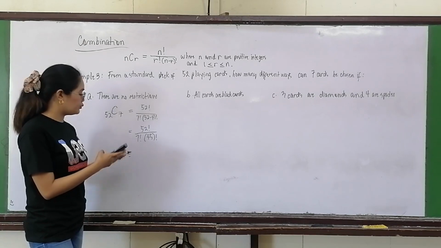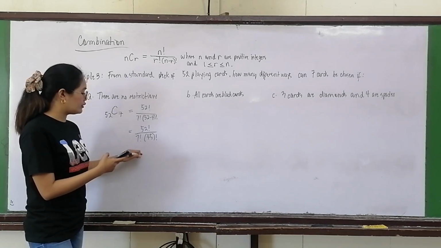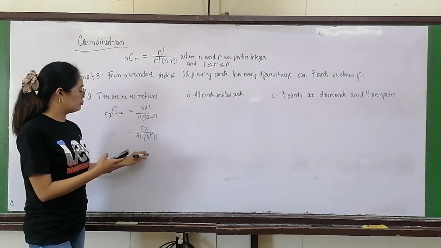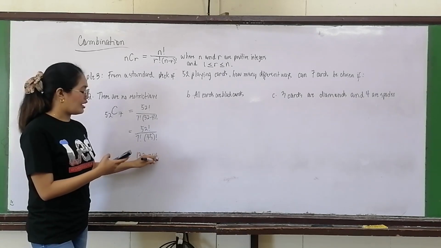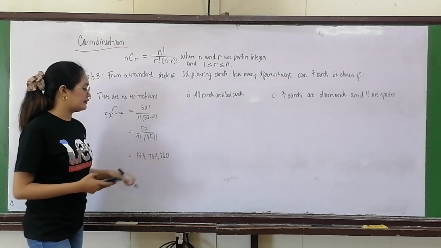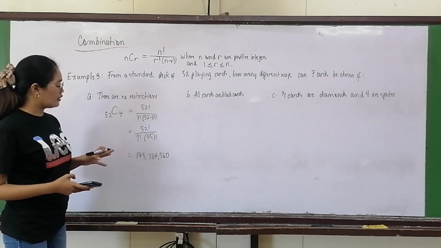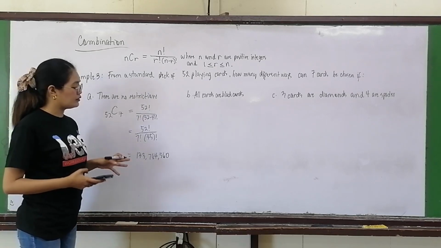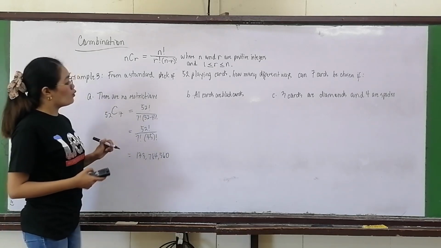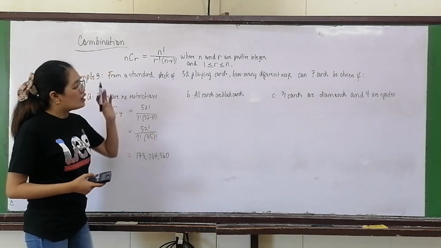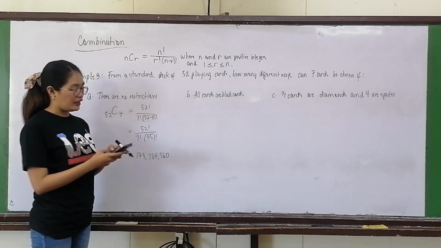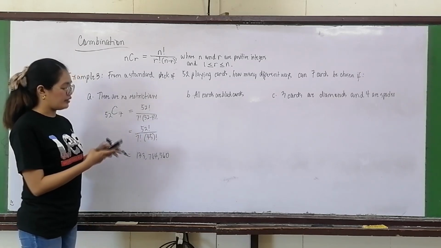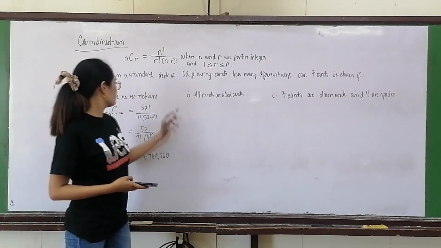That is equal to 133,784,560, which tells us that there are 133,784,560 ways of choosing 7 cards from the 52 playing cards. So let's check. Okay, our answer is correct.